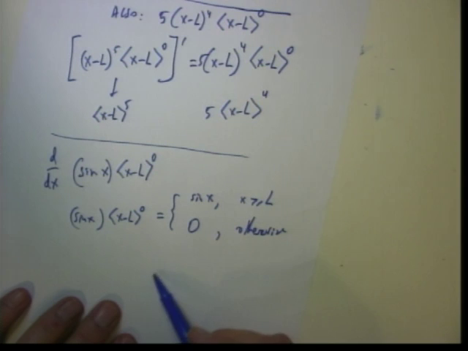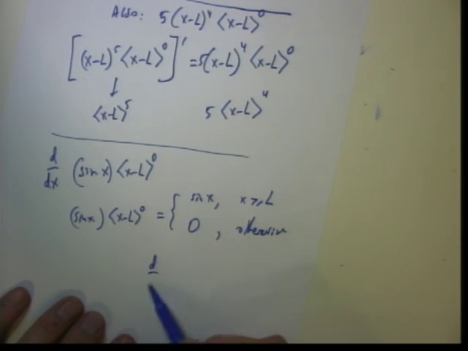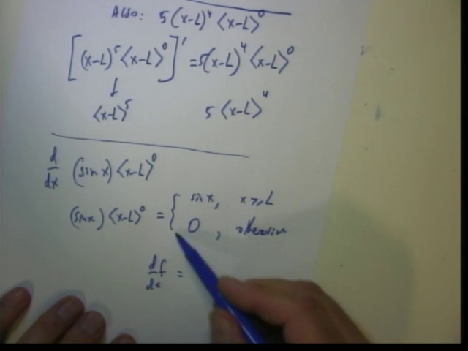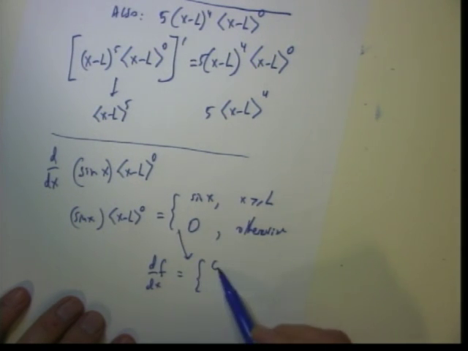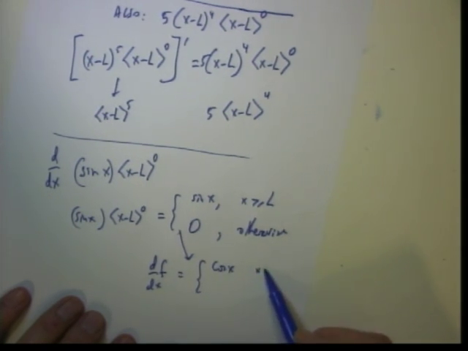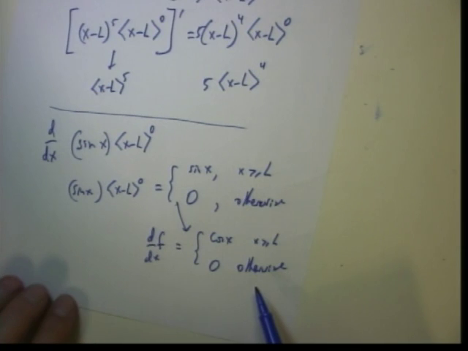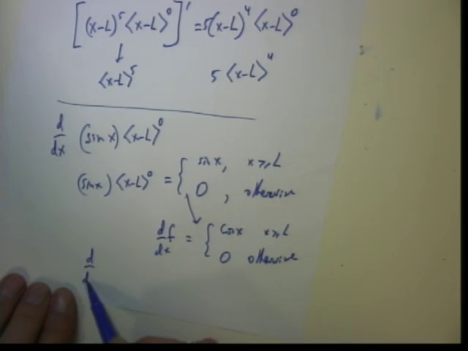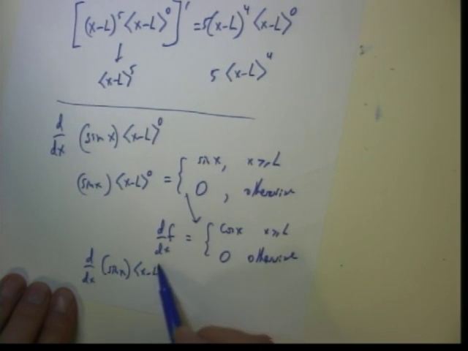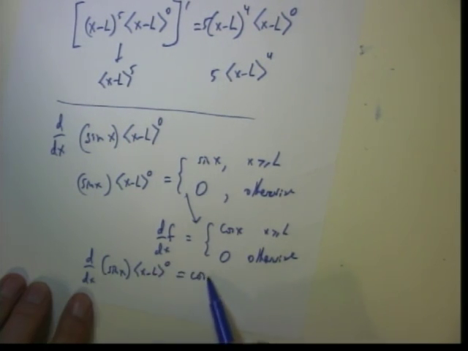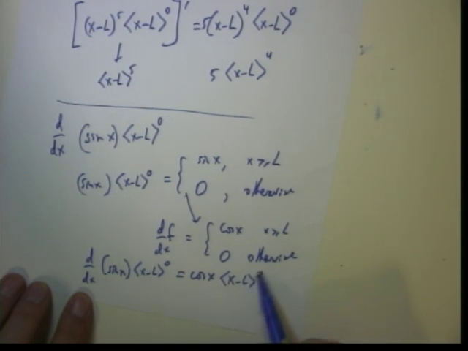So let us differentiate that. The derivative d/dx of this function will be, naturally, from the right-hand side, cosine x if x is greater or equal than L, or 0 otherwise. So then we get d/dx of sine x times (x - L0) equals cosine x times (x - L0).